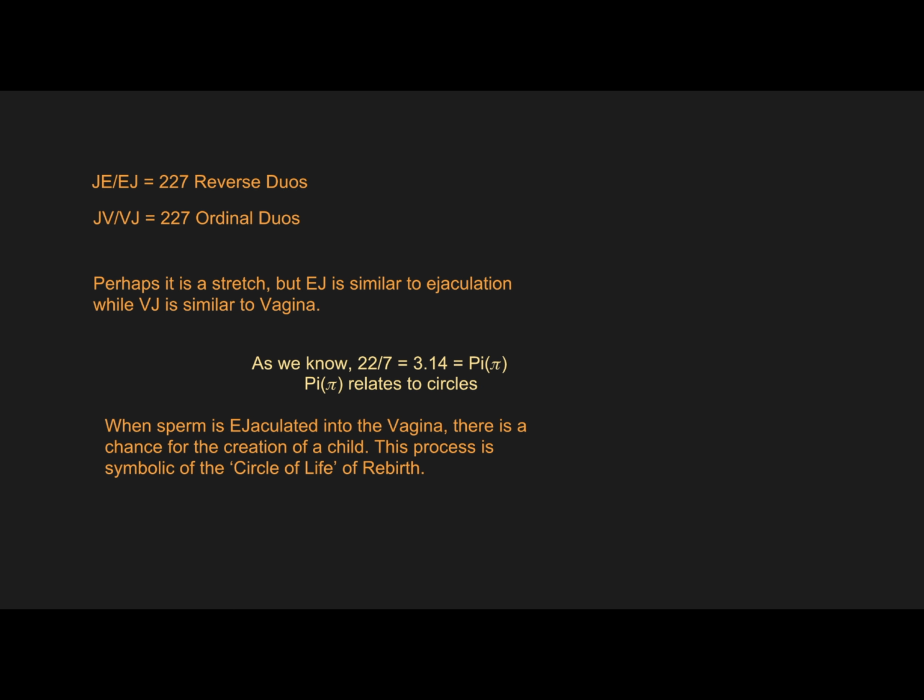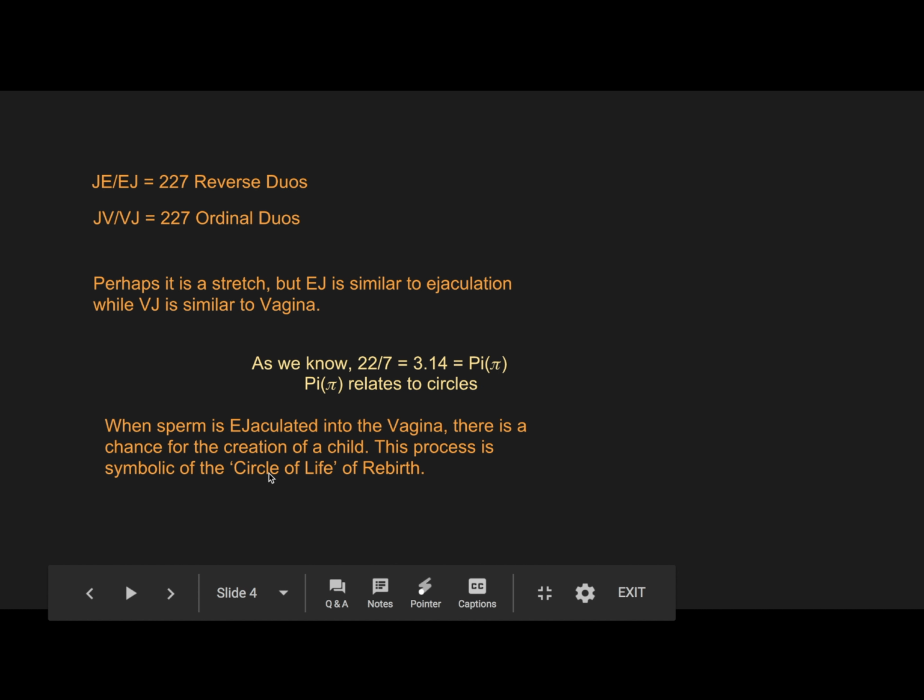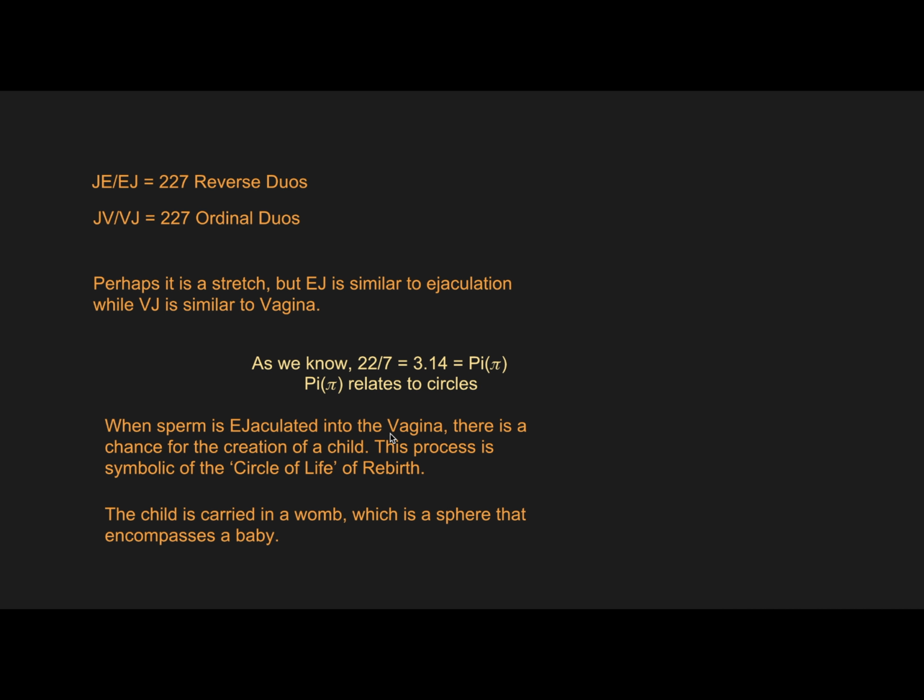This process is symbolic of the circle of life, of rebirth. The child is carried in a womb, which is a sphere that encompasses a baby. You know, the woman, the mother's tummy, is another circle that encompasses the baby. The baby has a family that encompasses it. It's a family circle.